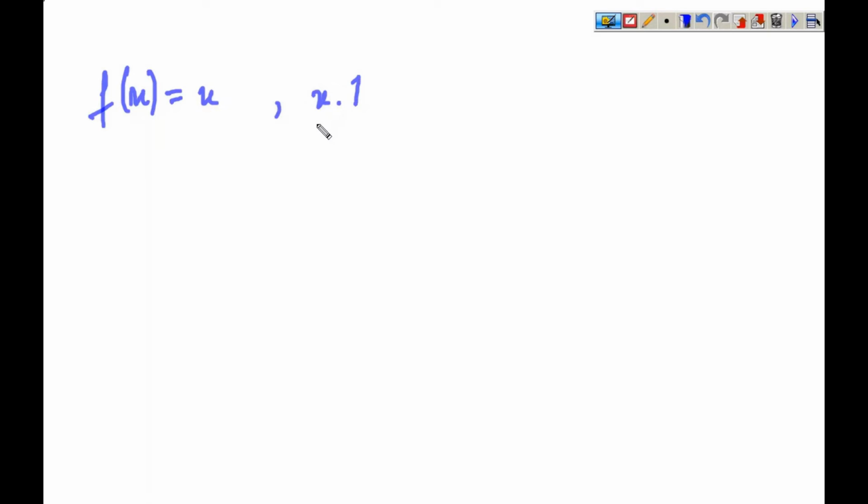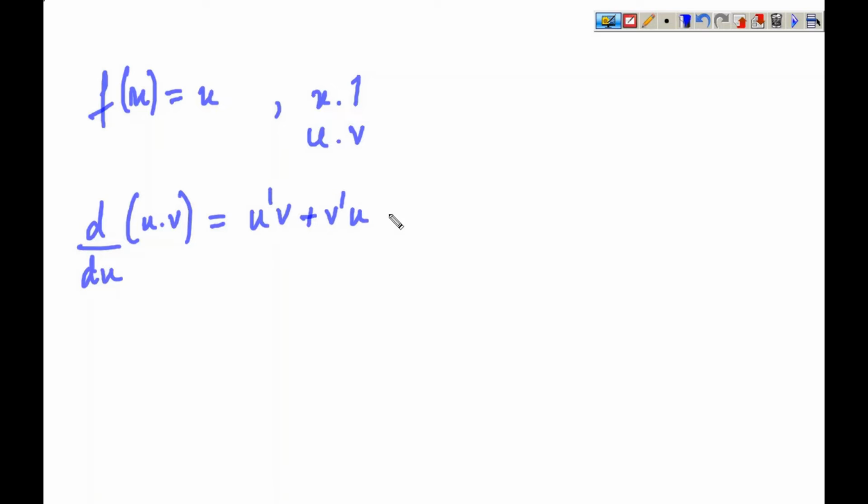let's say using the product rule, because function of x equals x, we can also write it as x times 1. So let's say this is u and this is v. So we can find the derivative of u dot v as u dash v plus v dash u.